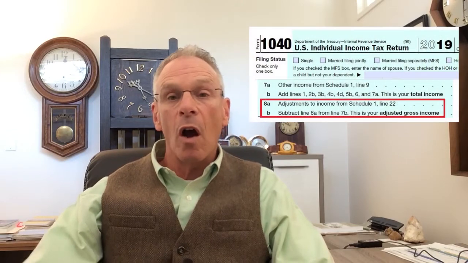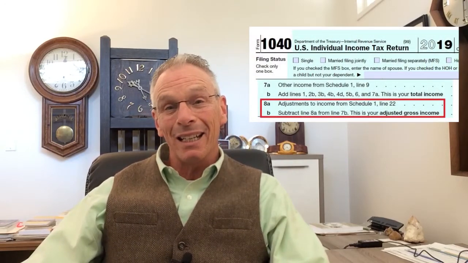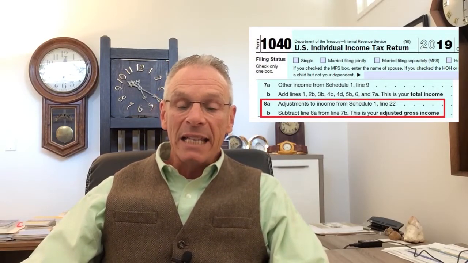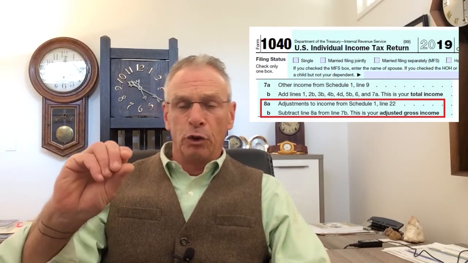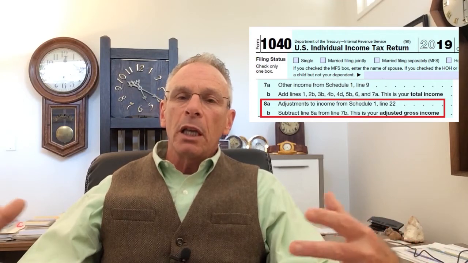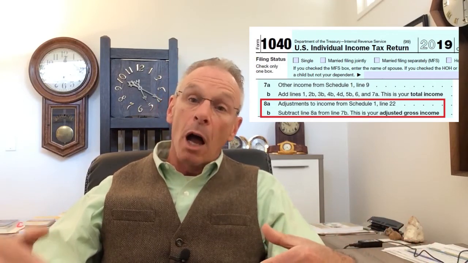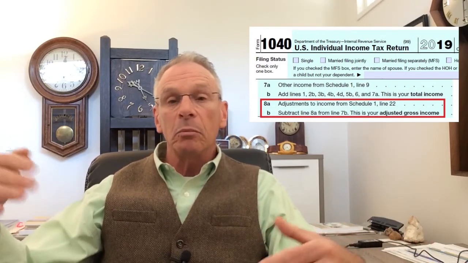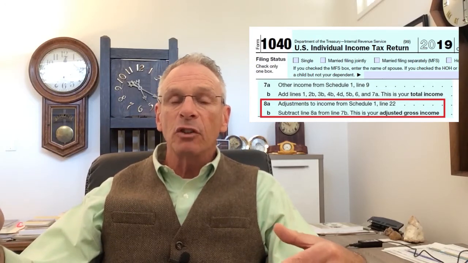The first part, let's look at adjusted gross income, because that's what most people rely on. Your adjusted gross income is shown on your tax return. For 2019 it is line 8b. It says, this is your adjusted gross income. It is pulling in information from the lines above that, like your interest and capital gains, but it's also pulling in income information from Schedule 1.